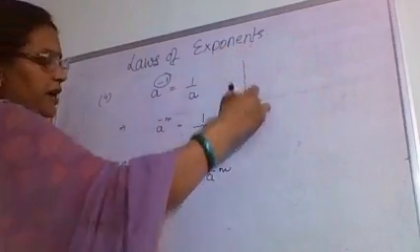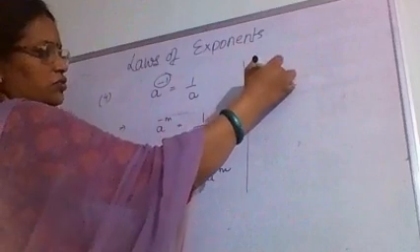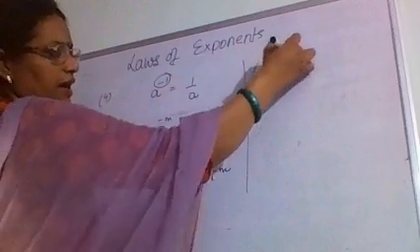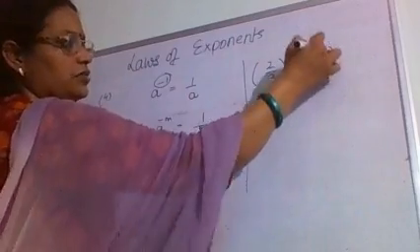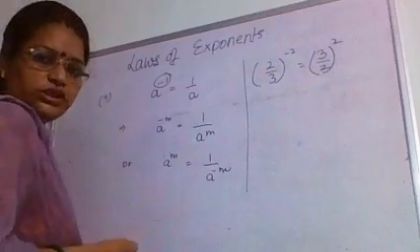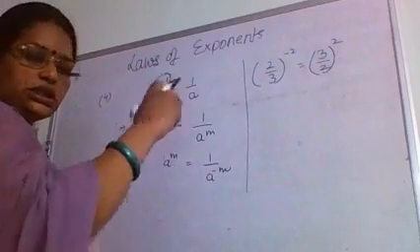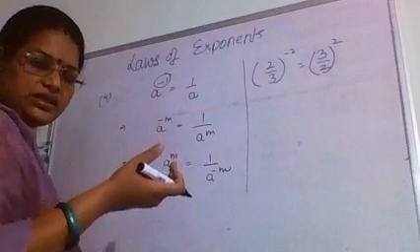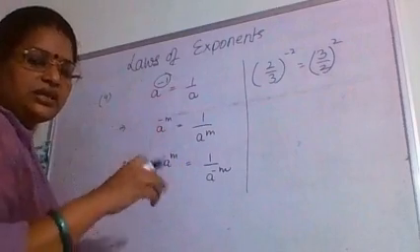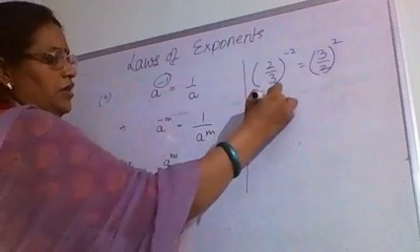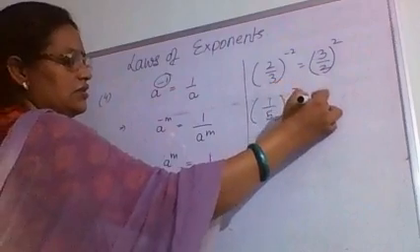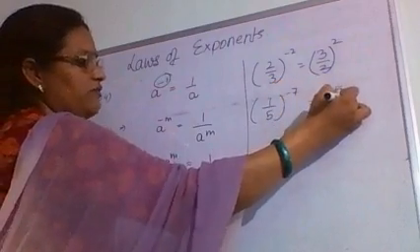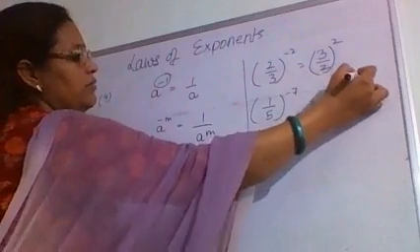So if my question is 2 by 3 raised to power minus 2, this is equal to 3 by 2 raised to power positive 2. The base gets reciprocated. 1 by 5 raised to power minus 7 is 5 by 1 raised to power plus 7.